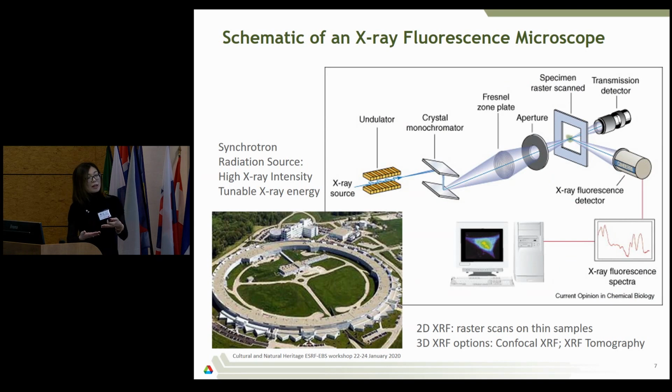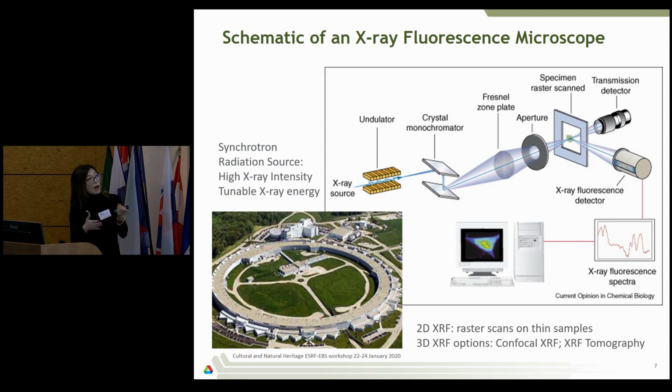Here's a schematic of an X-ray fluorescence microscope. Here's a picture of the APS. A specific energy of X-rays is selected by a monochromator from the synchrotron radiation. Then it's focused onto the sample.